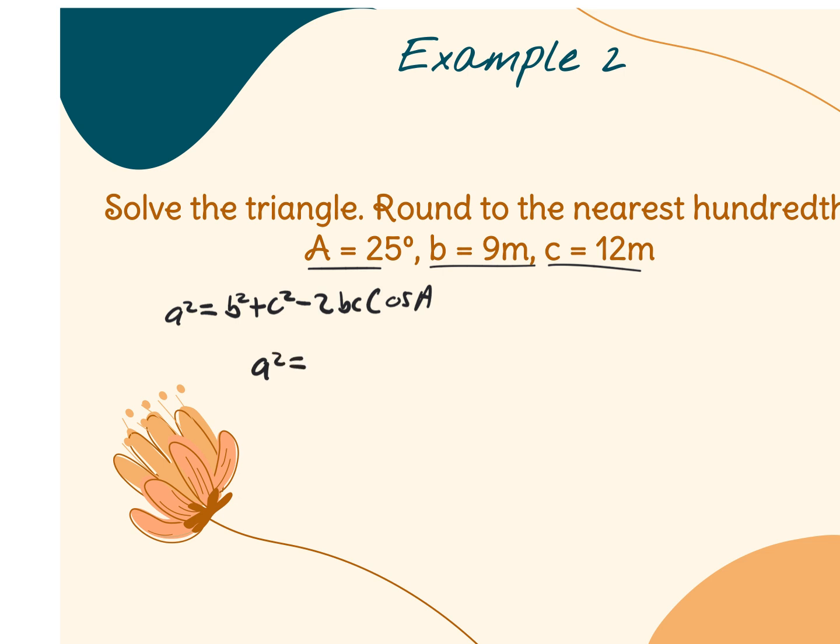It's going to be A squared equals 9 squared plus 12 squared minus 2 times 9 times 12 times cosine of A. And this is pretty simple to plug into your calculator. You can really just go straight across.